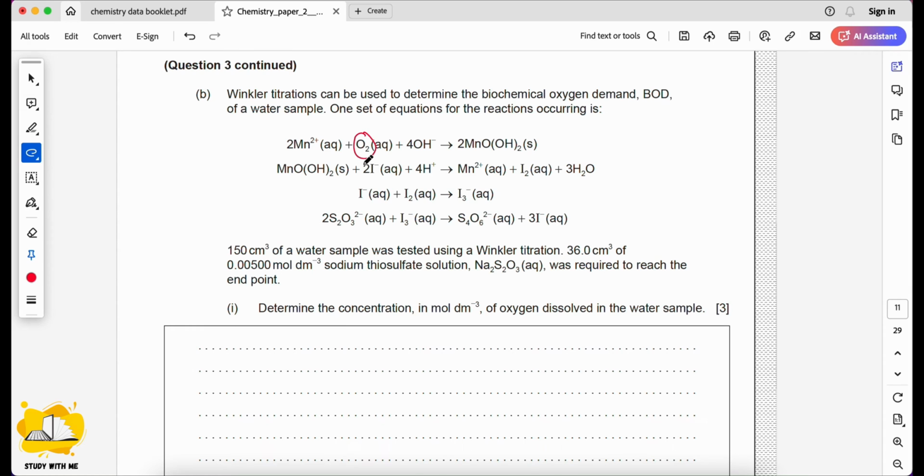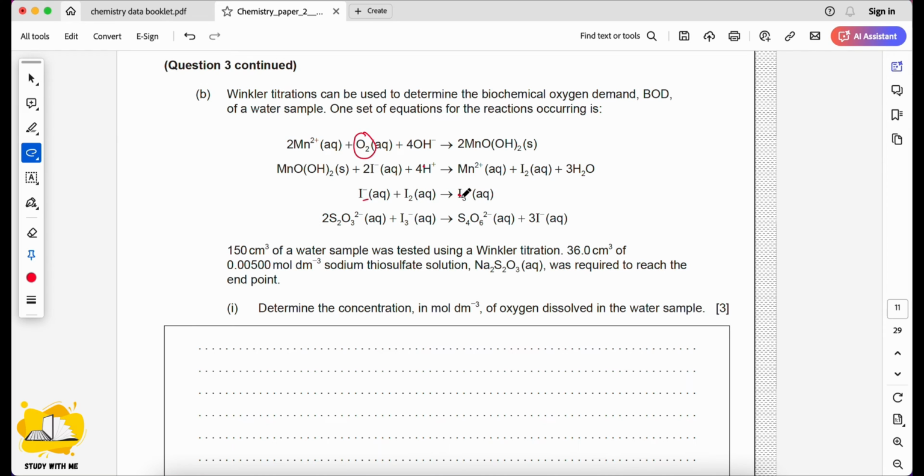Oxygen first oxidizes the soluble Mn2+ to form insoluble manganese hydroxide. Okay, that will react with I- and H+, forming I2. The I2 then reacts with excess I-, forming I3- ion.